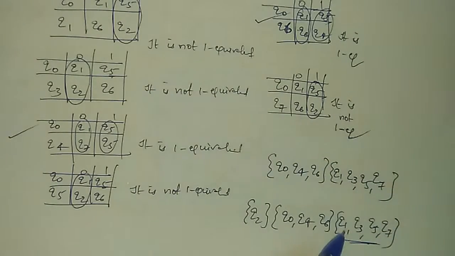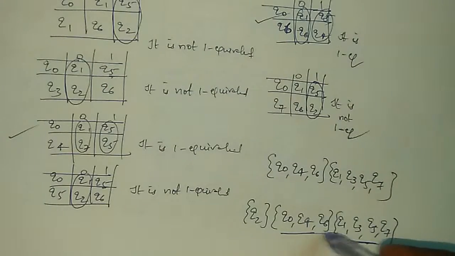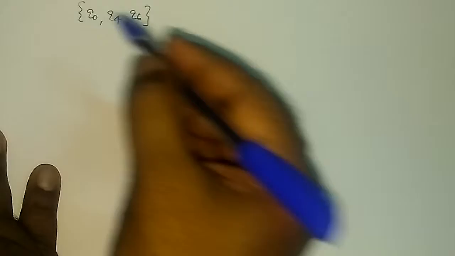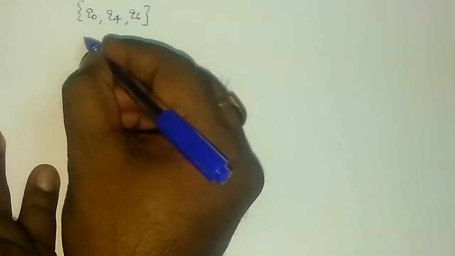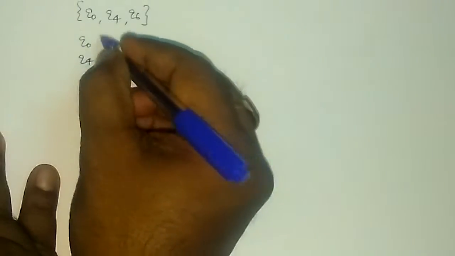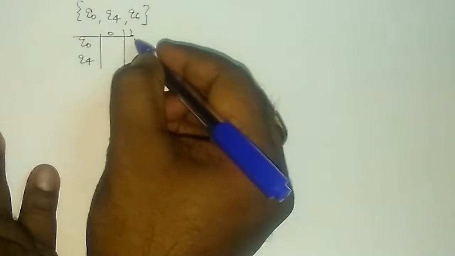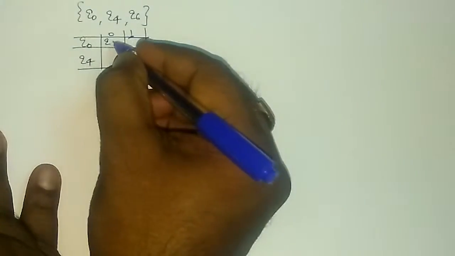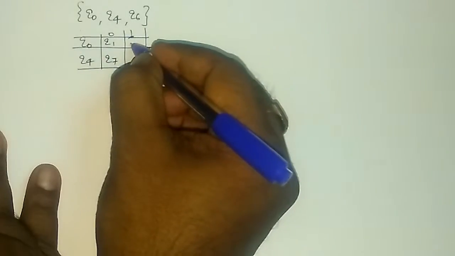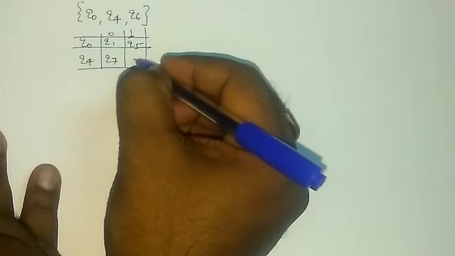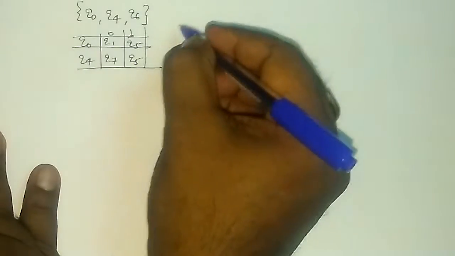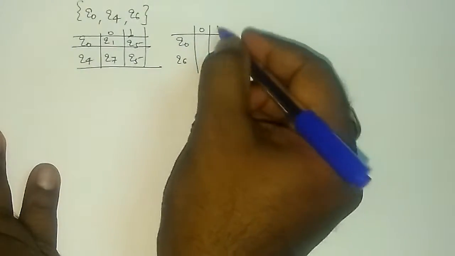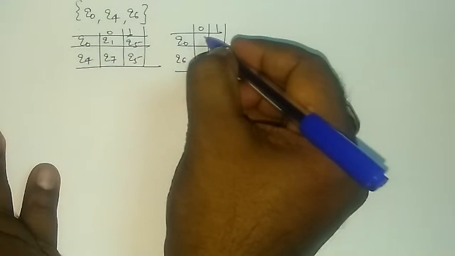Now let us take Q0, Q4, Q6 and we'll divide this. Q0 is compared with Q4 with input 0 and 1. So what did we get here? Q1, Q7, Q5, Q5. Next, Q0 is compared with Q6 with input 0 and 1. So what did we get here?